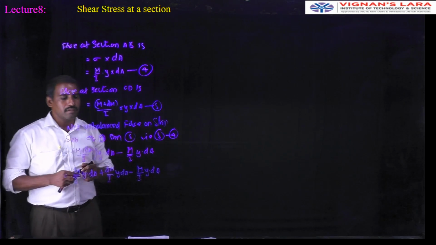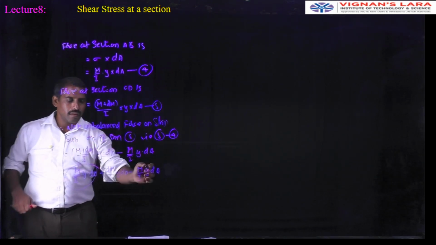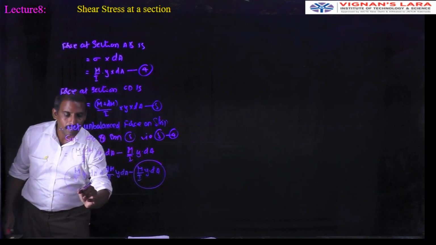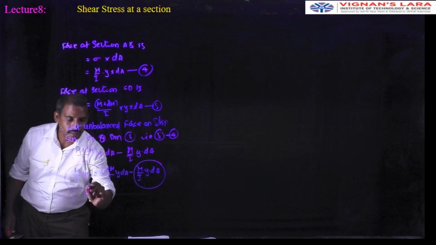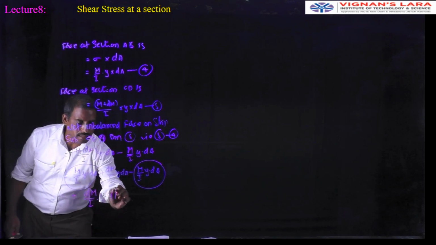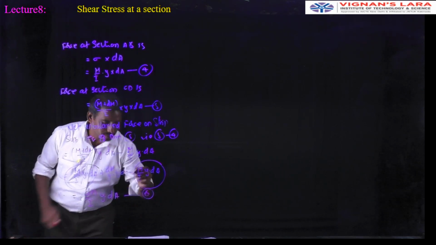Simply cancel out the M by I into y into dA terms. Finally, the net force is dM by I into y into dA. This is for the elemental strip, as equation number 6.